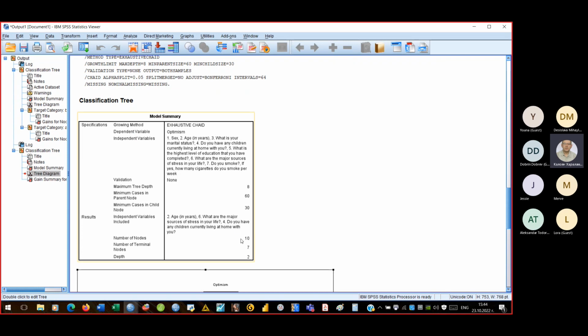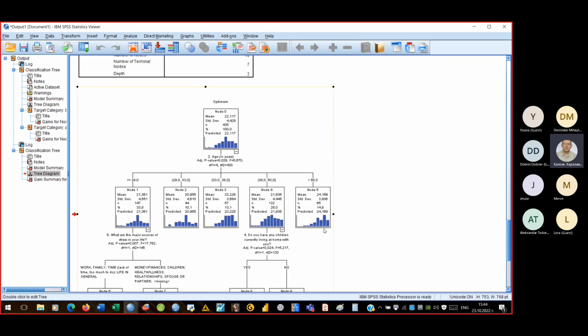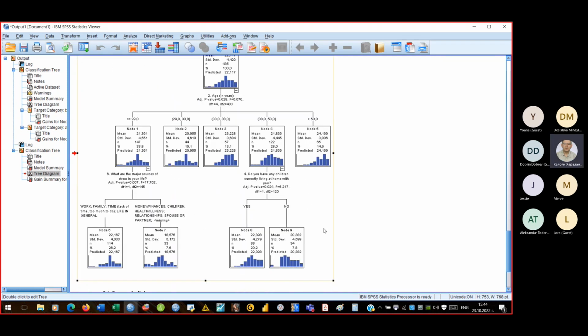Total number of nodes is now 10. Terminal nodes are now 7. And depth of the tree, levels of the tree, are 2. And here is the tree.